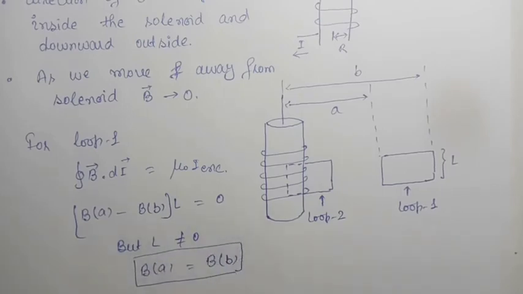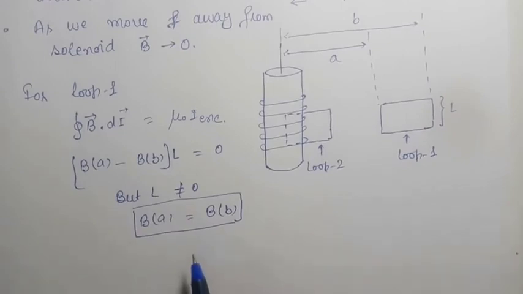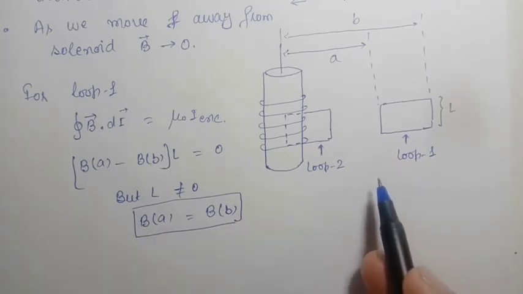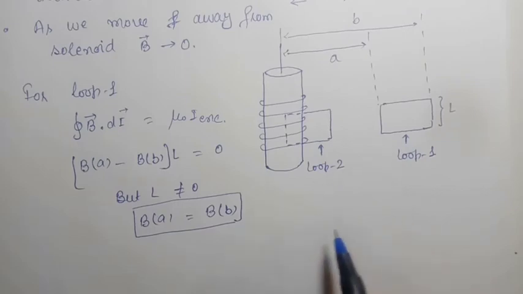Okay, so it shows that the field outside the solenoid does not depend on the distance from the axis. So the first point here is that the magnetic field does not depend on the distance from the solenoid when we are outside.